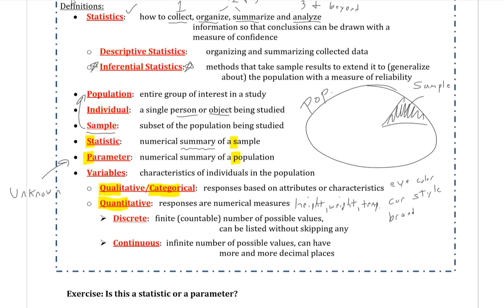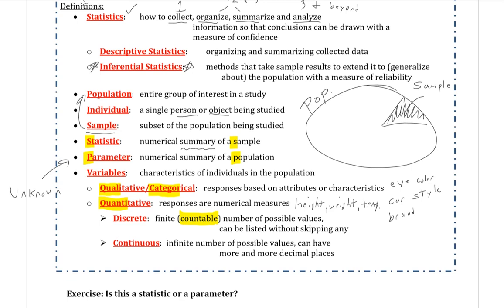Now, quantitative can be split up into a couple different styles. They could be split up into either discrete or continuous. And that has to do with how the numbers really act. If they're discrete, that's the same word as countable. That's going to be the best word to think about with that.